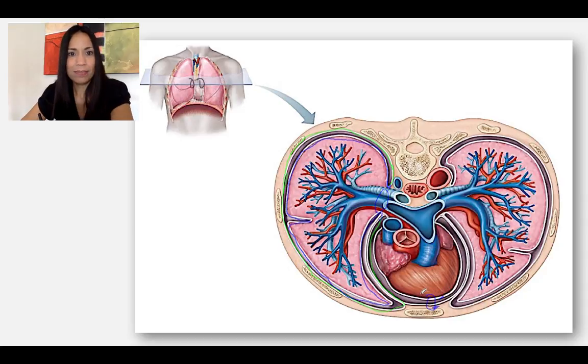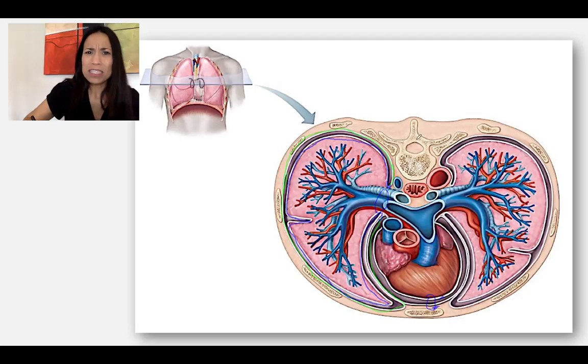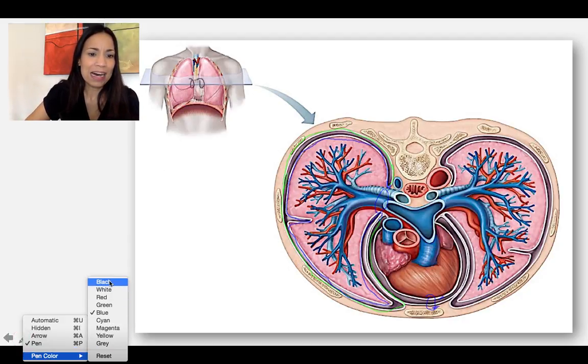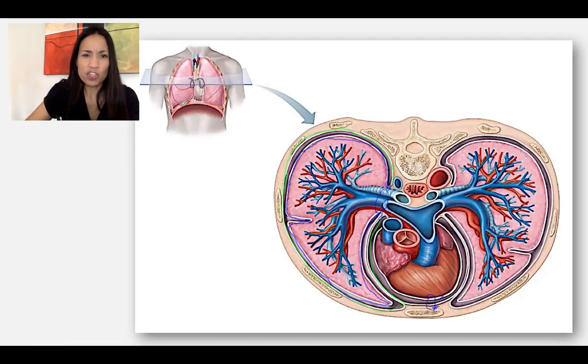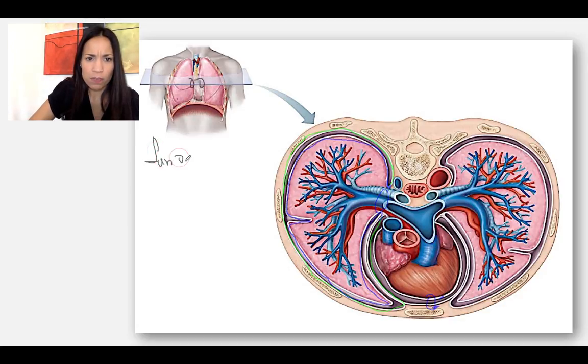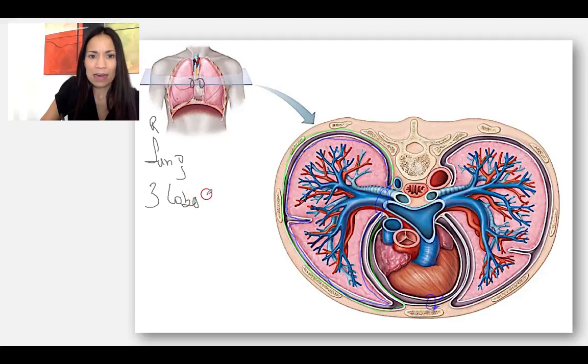Now, one thing, and I'm not sure that I mentioned it at the beginning of this video, is the further organization of each of the lungs. So we have, first, the entire lung. Let's describe the right. The right lung is divided into three lobes: the superior, the middle, and the inferior.